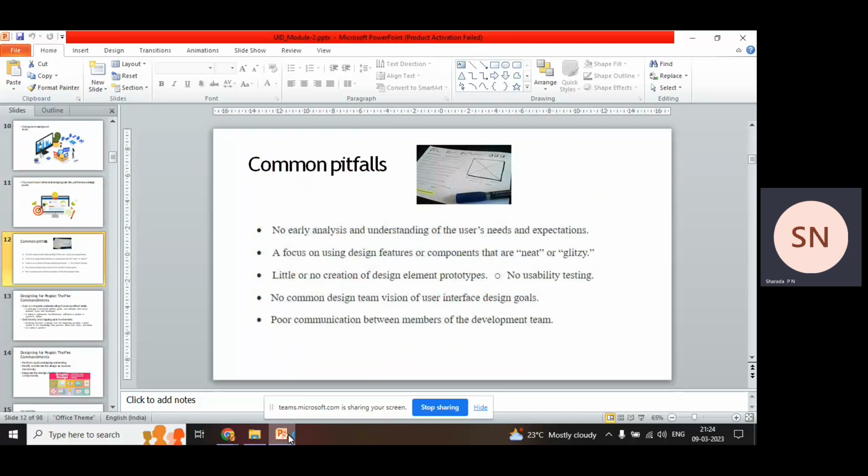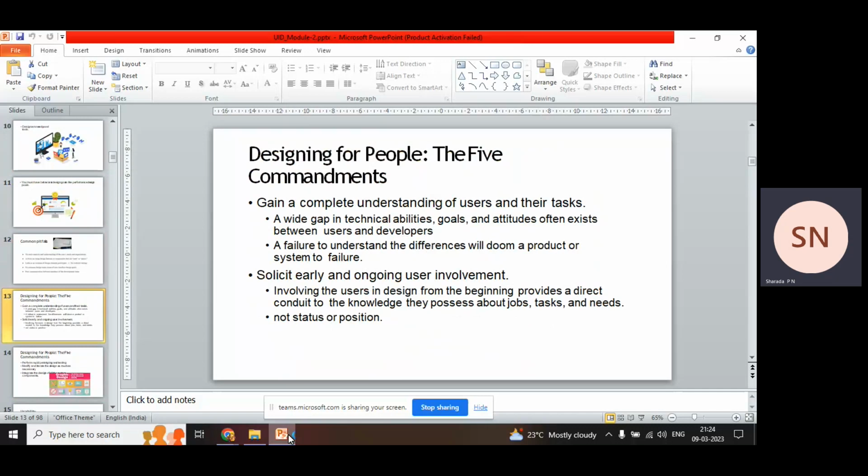So we can list the common pitfalls: no early analysis and understanding of the user's needs and expectations, a focus on using design features or components that are neat, little or no creation of design element prototypes, no usability testing, no common design team vision of the user interface design goals, poor communication between the members of the development team.